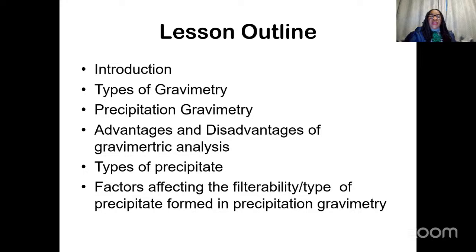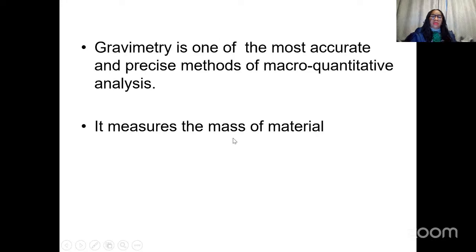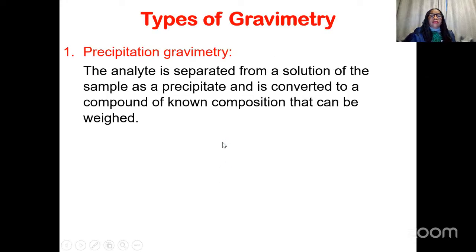So I'll do a bit of recap and then we continue with the rest until we can stop wherever it's convenient for us. Gravimetry is one of the most accurate and precise methods for macro quantitative analysis. It measures the mass of materials.